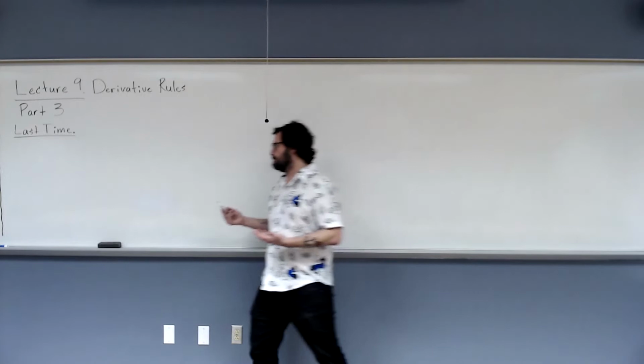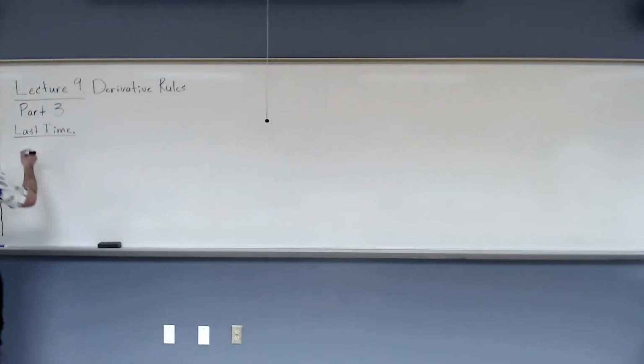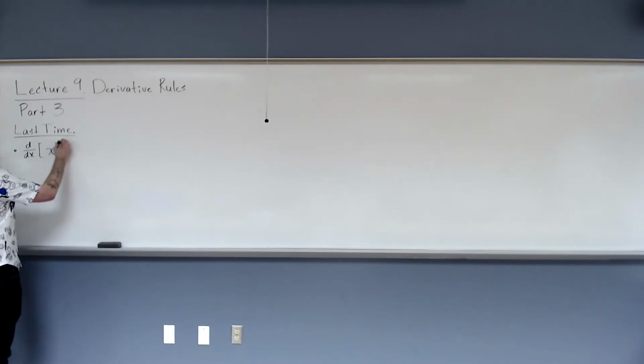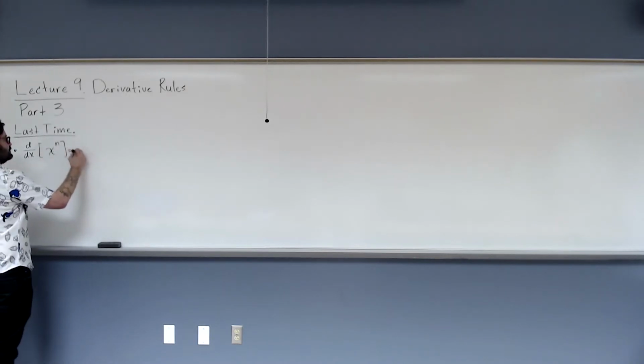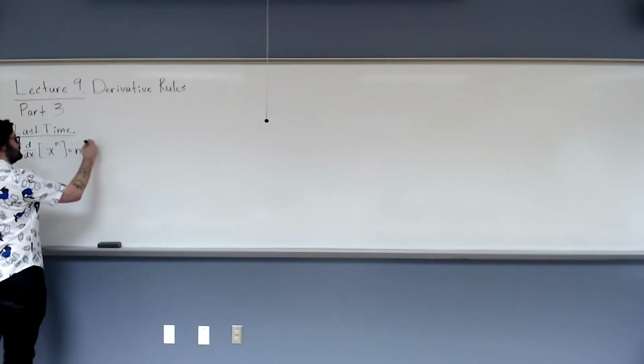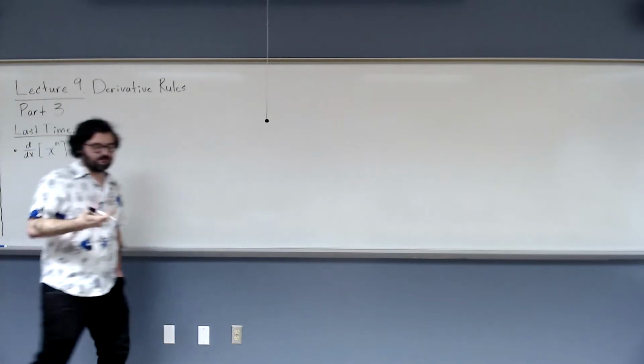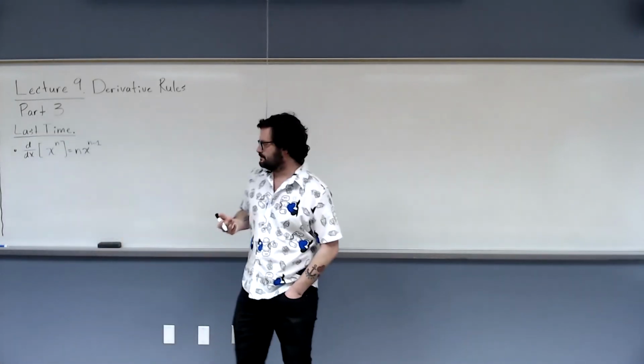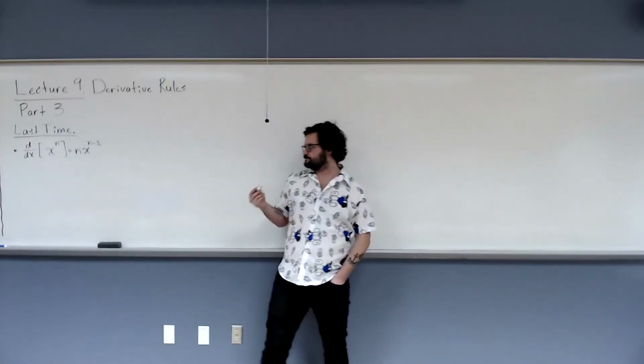Let's say the power rule is probably one of the most important: d/dx of x to the power n is equal to n times x to the power n minus 1. We're going to use it so much that you're going to memorize it.